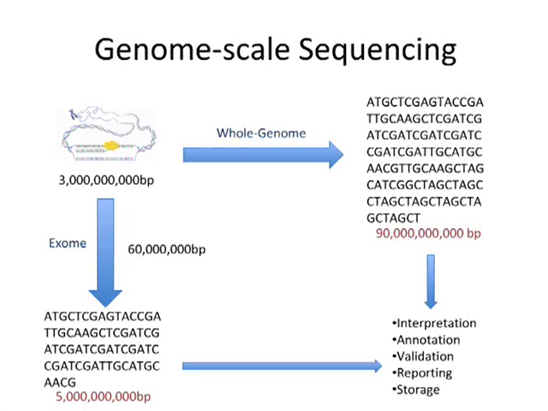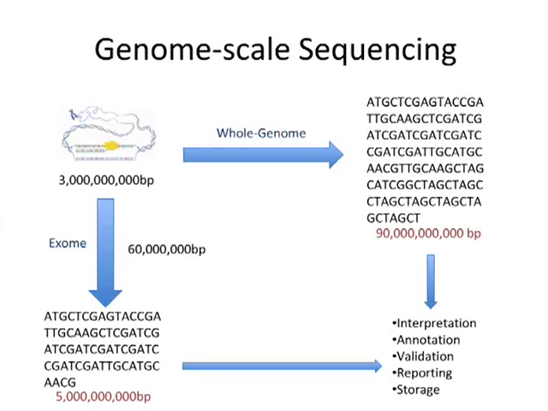So, stepping away from genome-scale sequencing, which I'm sure everyone's fairly familiar with, this idea that you can take the roughly 3 billion base pairs that represent the human genome and sequence the entire genome either at low or higher depth coverage, 30x being a common metric, which would represent somewhere in the neighborhood of 90 gigabases of data, or sequence a fraction of the data, say 60 million, 70 million, depending on the version of the exome and the version of the commercially available capture methodology you'd be interested in.